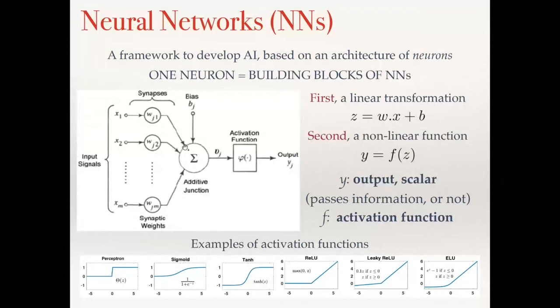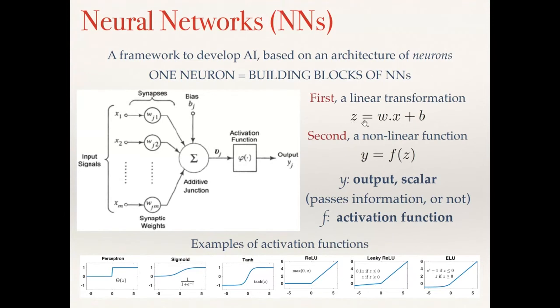So neural networks are a framework to develop artificial intelligence. They're based on architecture made of neurons. A neuron is a building block for neural networks, and the idea is that a neuron is nothing but a transformation that you do on your inputs, leading to an output. So the transformation that is called here sigma is going to be taking the inputs, multiplying them by weights and some biases, some shift if you want.